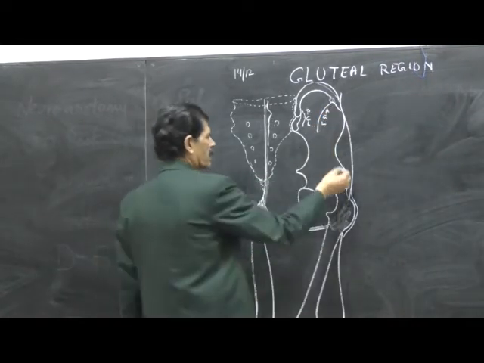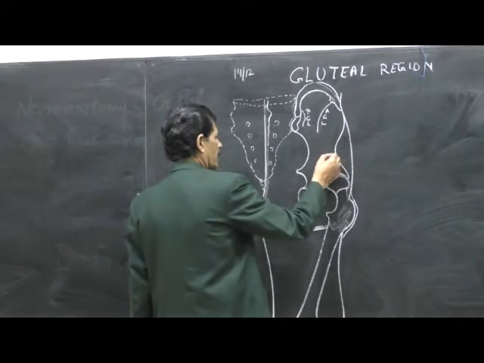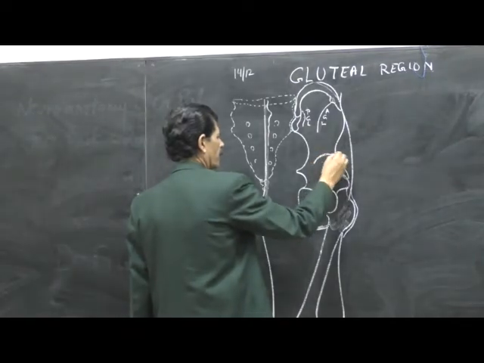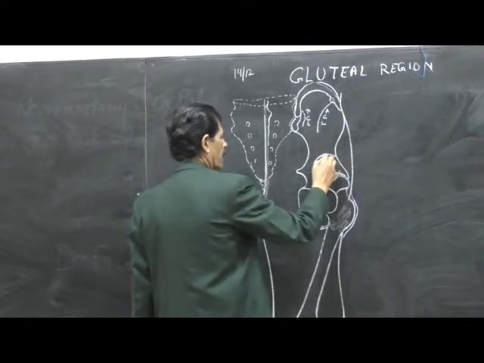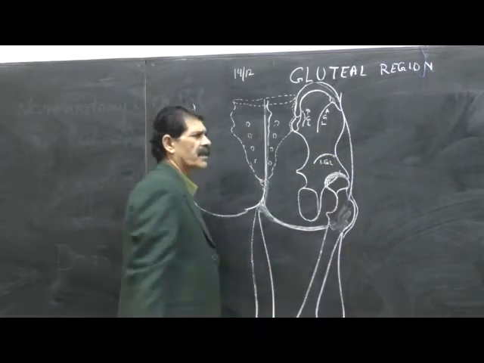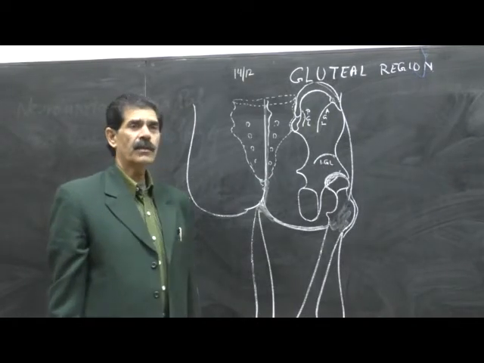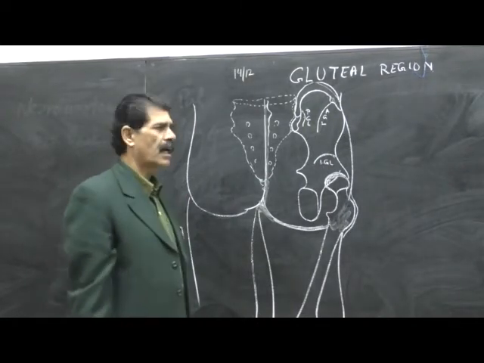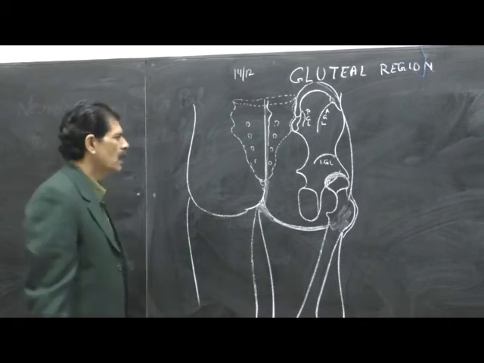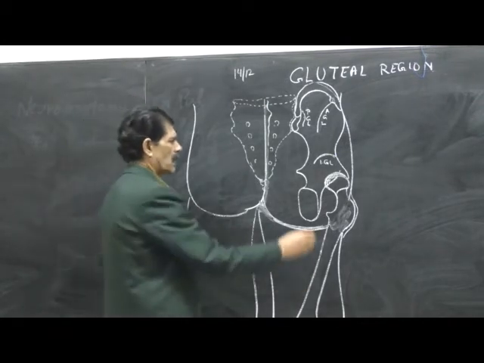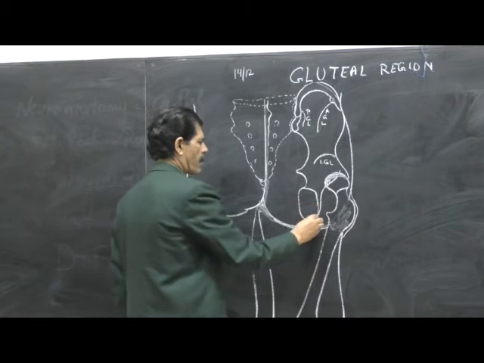And one line which is lying almost parallel to the acetabulum is called the inferior gluteal line. So this gluteal surface is rough because of the attachment of the origin of the gluteal muscles. So these three lines are there.